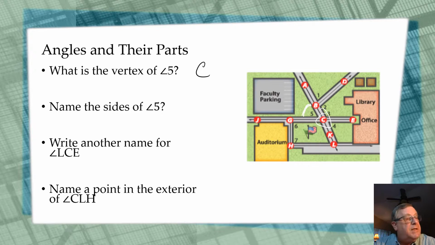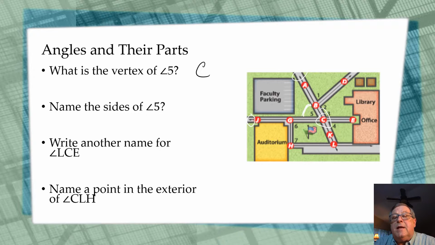Then it asks us to name the sides of angle 5. Well, we've got a ray, and I see that it's a ray because there's an arrow right here at the end of that. And there's a ray down here. So I've got two rays that have come together. These rays make up the sides of this angle.